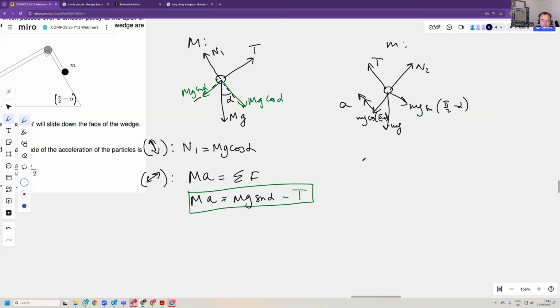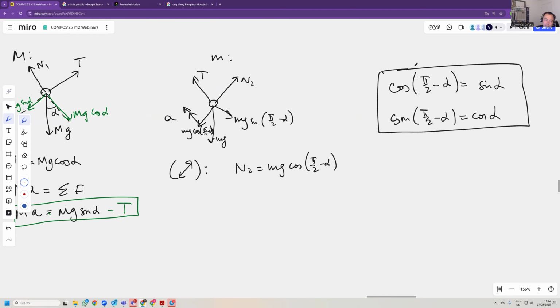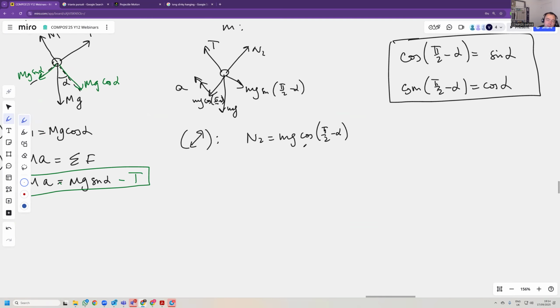Perpendicular to the slope, N2 equals Mg cos pi over 2 minus alpha. But cos pi over 2 minus alpha is actually equal to sine alpha. You can check that. And sine pi over 2 minus alpha is cos alpha. These are important relations which you kind of need to know, or at least be aware of.